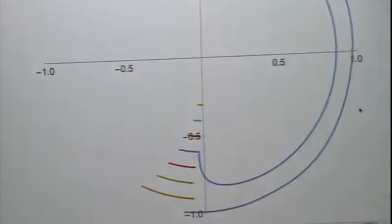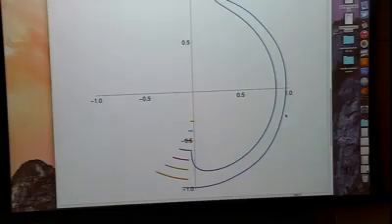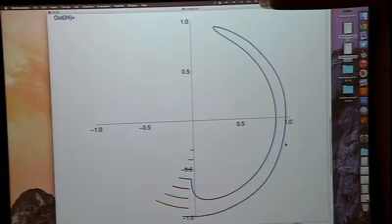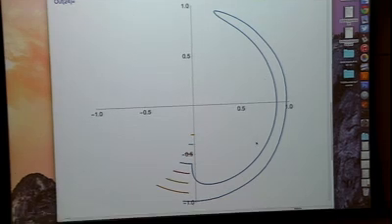What are all of these things? This is the scalar vector, as you dial delta. So that's delta equals 0, and then we dial it up. It does this. It goes around and comes back.